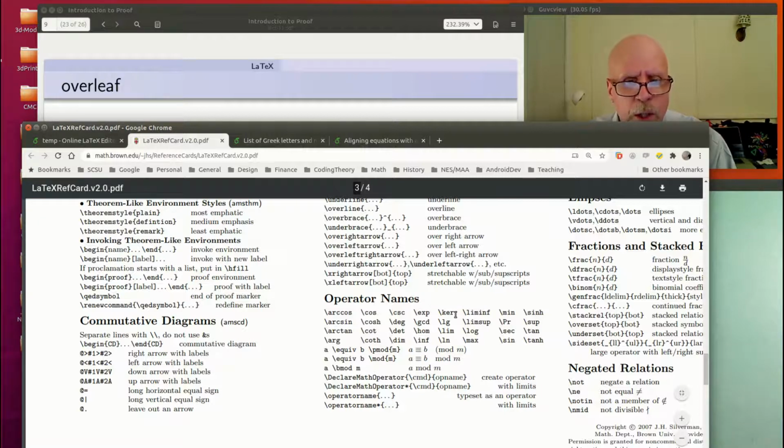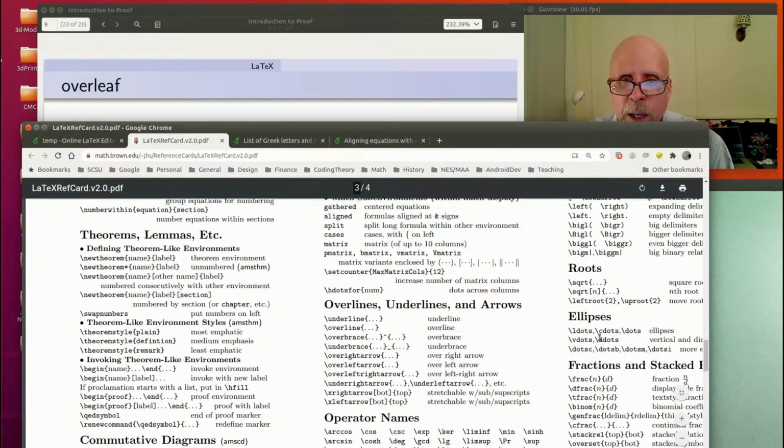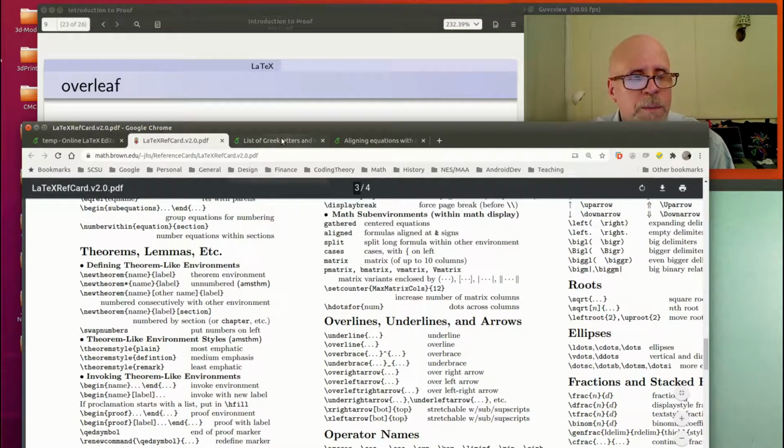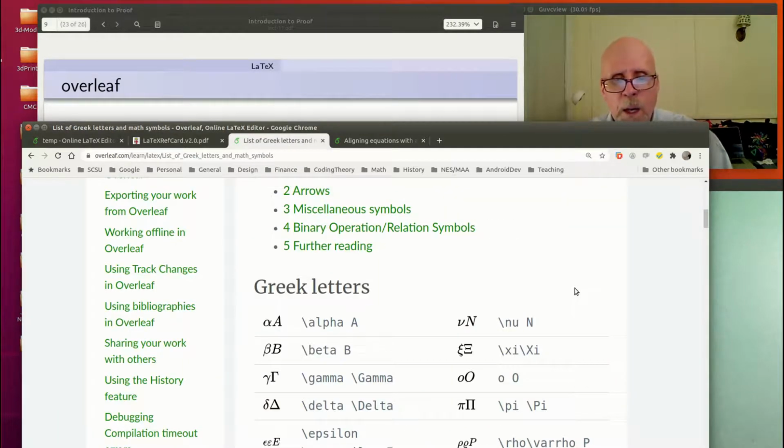You probably haven't run into ker yet, but that stands for kernel, unless you've done linear algebra and talked about the kernel of a linear map. Lim inf and lim sup are for later too, but when you do real analysis, you'll be glad that LaTeX can make those symbols. I'm not going to get overbearing on that bit.